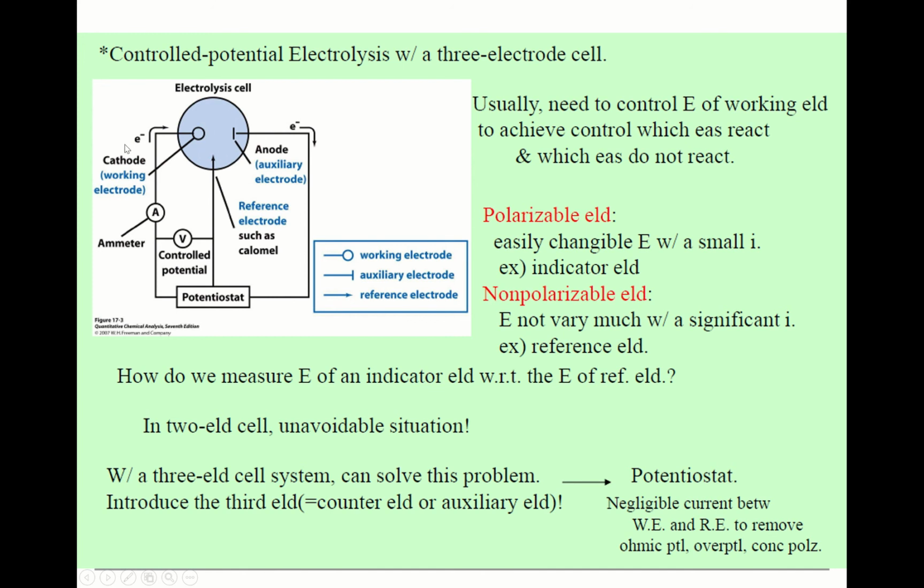In this case the cathode, because reduction takes place. The working electrode potential is determined with respect to the reference electrode, but current flows between the working and auxiliary electrode. The auxiliary electrode is also called the counter electrode.